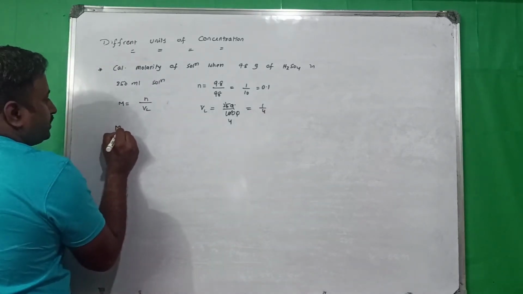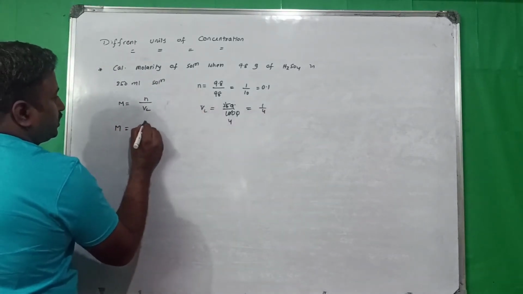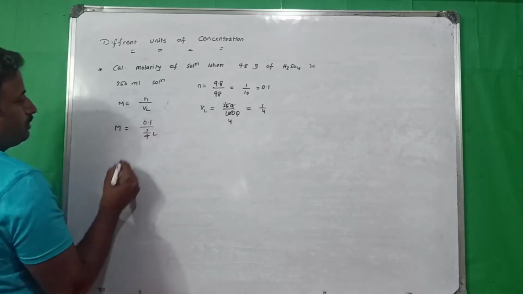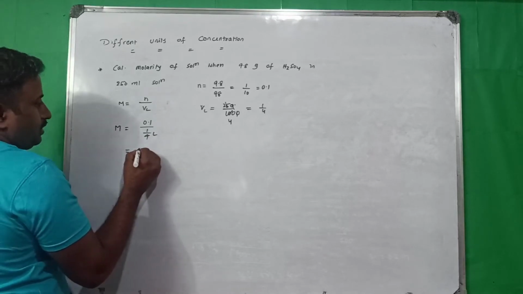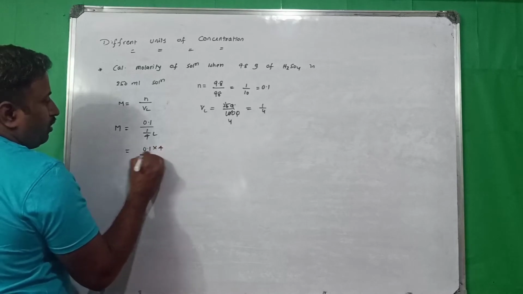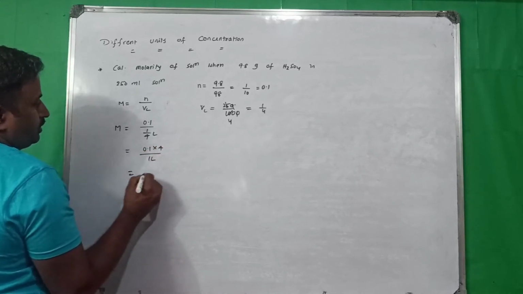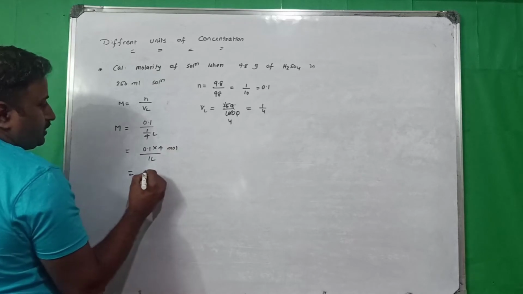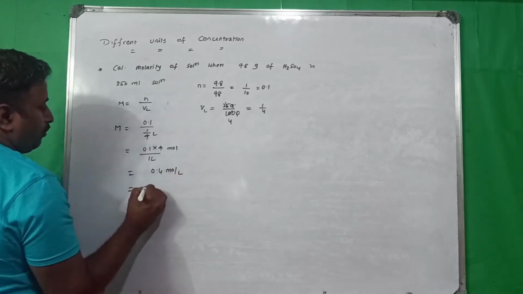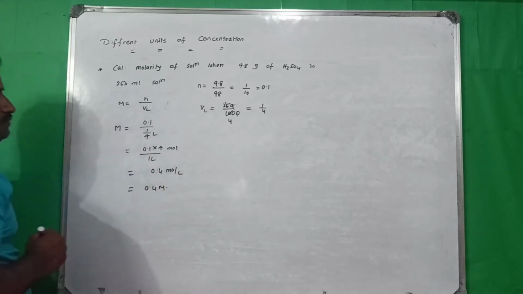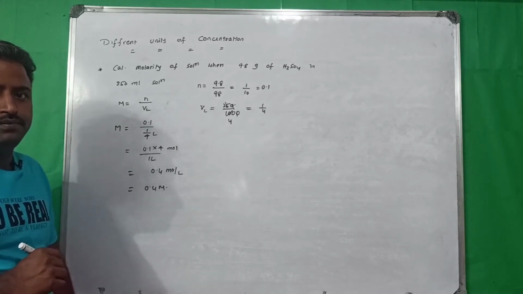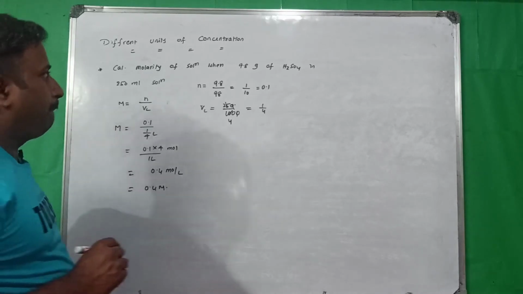Now M is equal to number of moles 0.1 upon 1 by 4 liters. That can be written as 0.1 into 4 upon 1 liter, that is 0.4 mole per liter or 0.4 molar solution. Is that clear? Right.